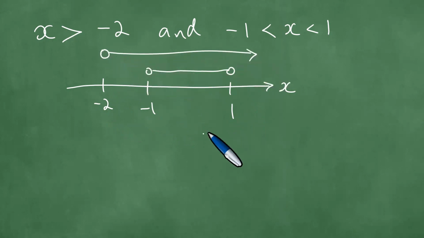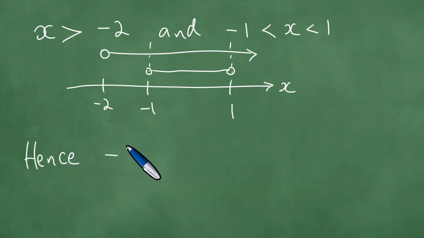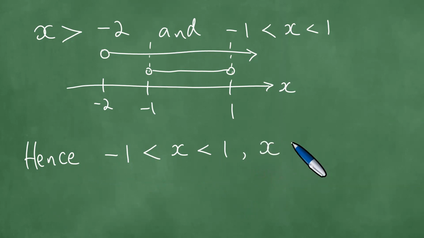So as a conclusion, this inequality and this should overlap. And where do they overlap? We can see that they overlap here. Hence we have that minus 1 is less than x less than 1. And obviously x is an element of the set of real numbers.